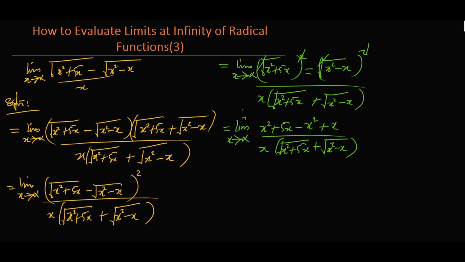We can see from this expression that x squared cancels out minus x squared, so we have 5x plus x left, which will give us 6x.